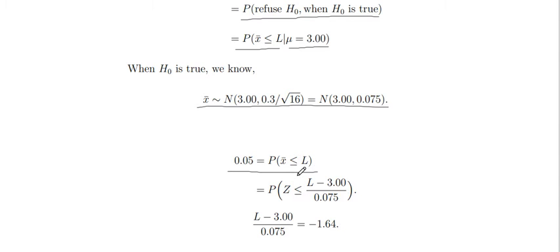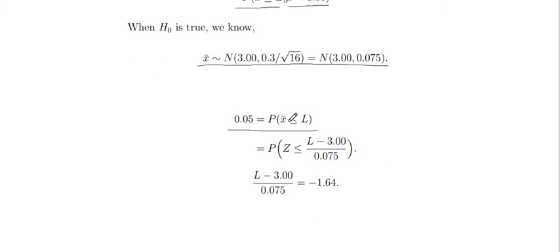So how can we find this L? At first we change this to the standard normal, changing X bar to Z: Z less than L minus mu divided by sigma. Now this follows the standard normal, so we can check the standard normal table.